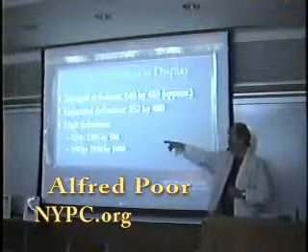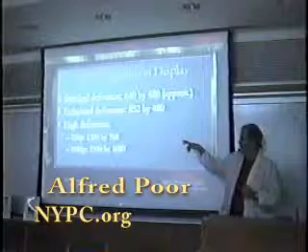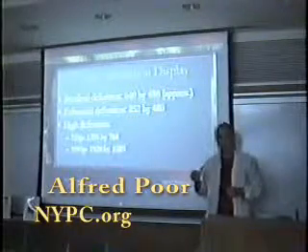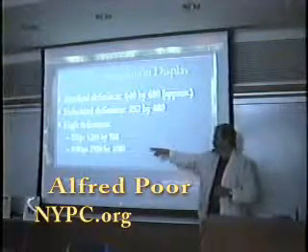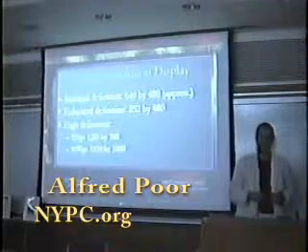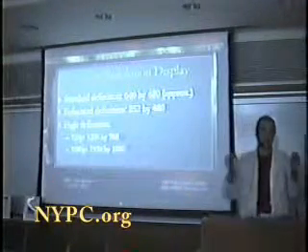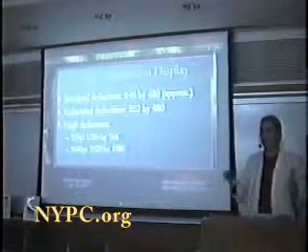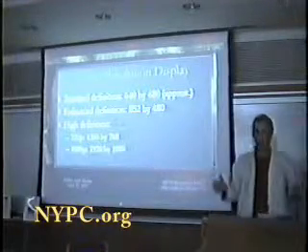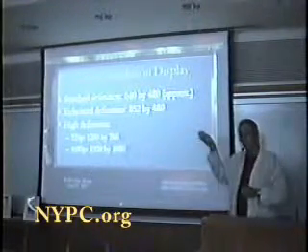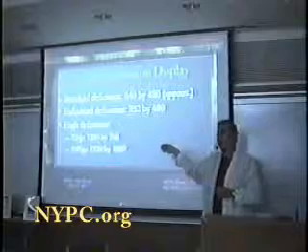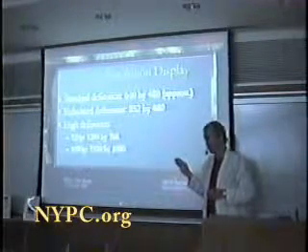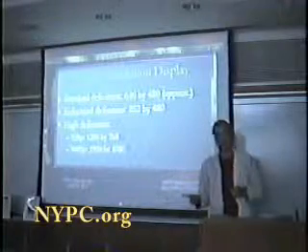The pixel count for 720p is 1280 by 768, and for 1080p it's 1920 by 1080. If you're going to have a high definition experience, the display must show at least that many pixels, unless you're a federal judge.